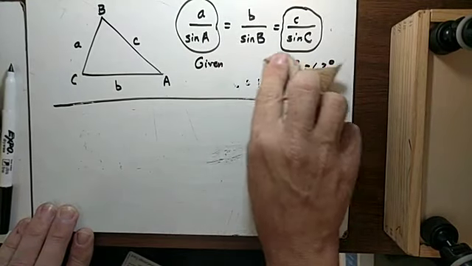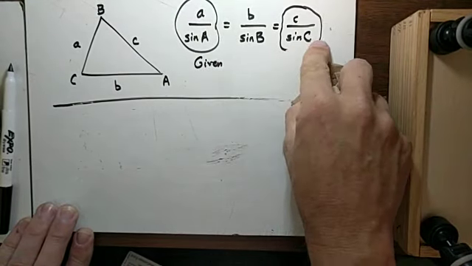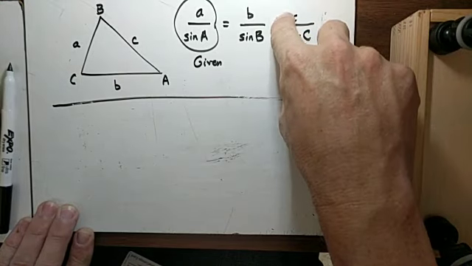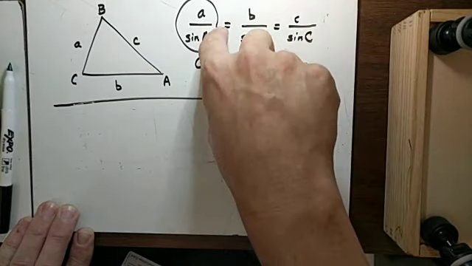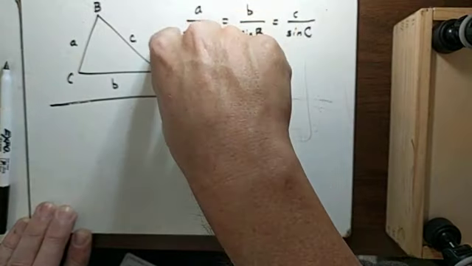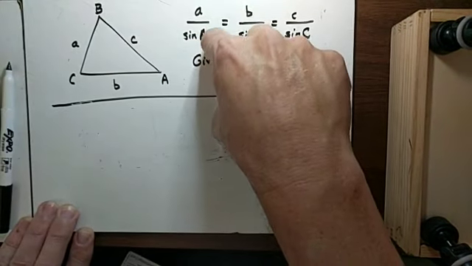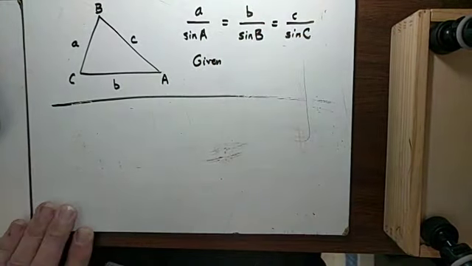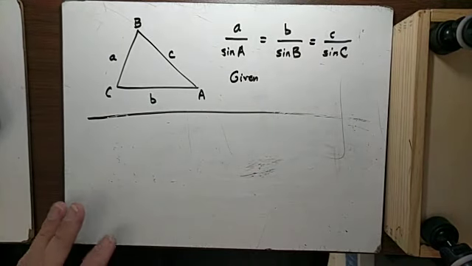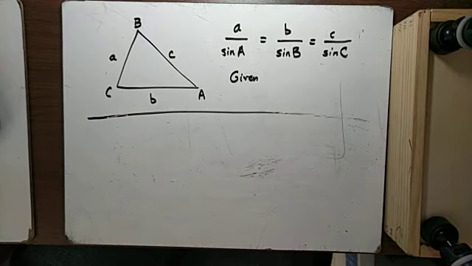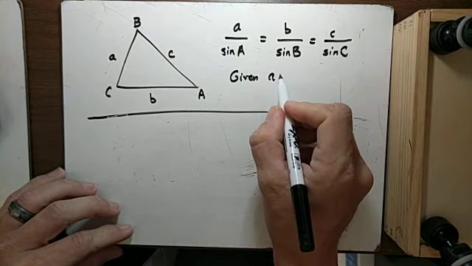So let's go back in time here and let me erase my circles. All right, so let's say that little a is 13.